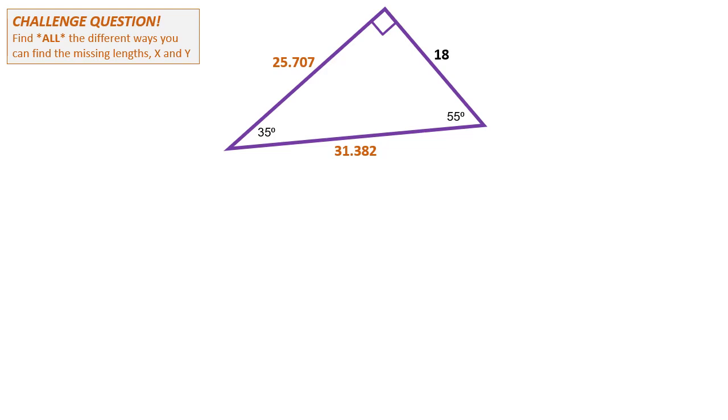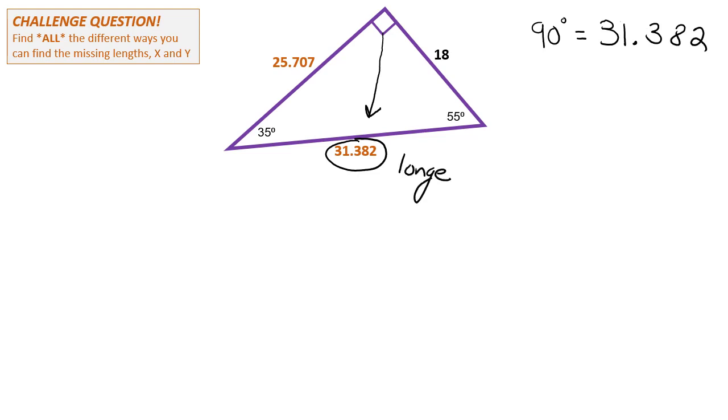Okay, so we found the lengths of the missing sides, and I just want to show you one last thing. Well, I guess two last things. So first, I want you to notice that we have three angles, right? 90 is the biggest angle, and it's across from the longest side, which is what we expect, and that's always a good check. 31.382 is the longest.